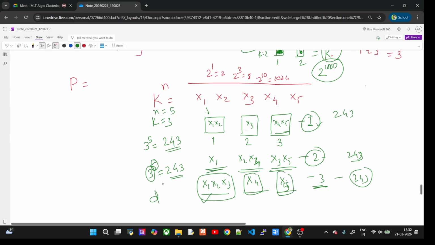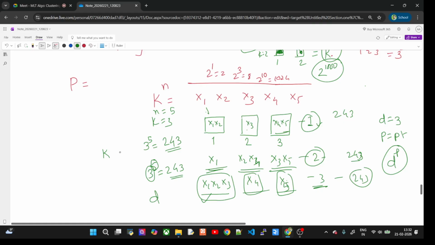In PCA you understood d power p, correct. But here, d is the number of clusters, and p is the number of points you have. So it is d power p, something like that, where k is your number of clusters.